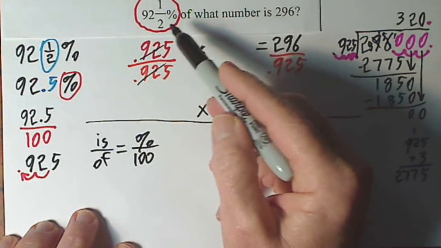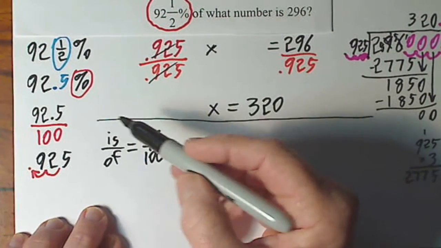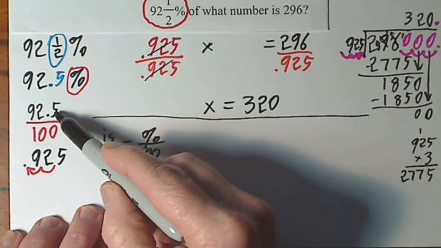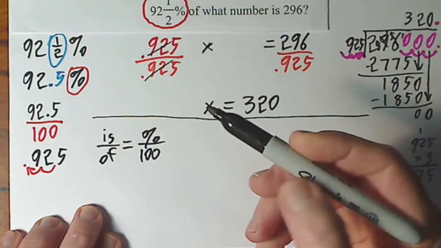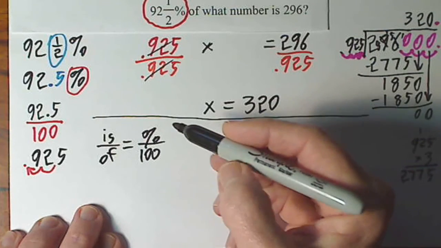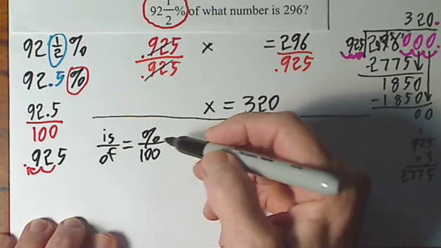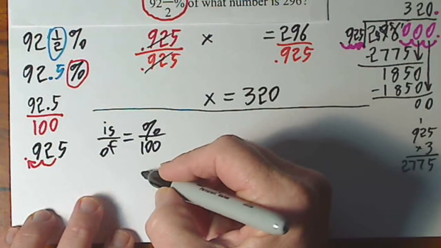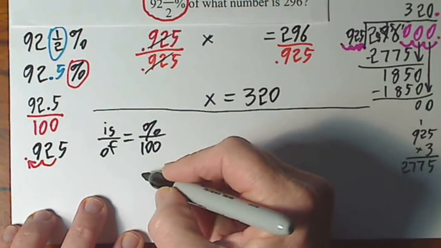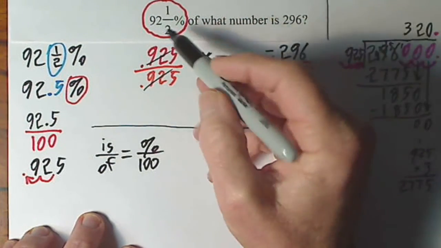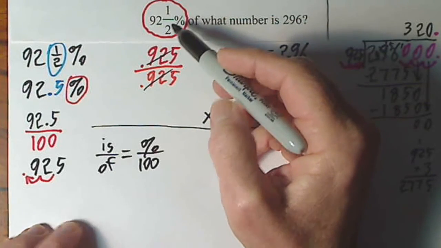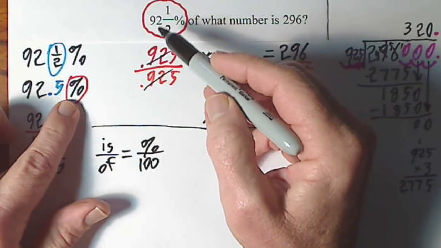This one did involve some work, but we found out that 92.5 over 100 was another way to write this. 92.5% is the same as 92 and 5/10 percent.